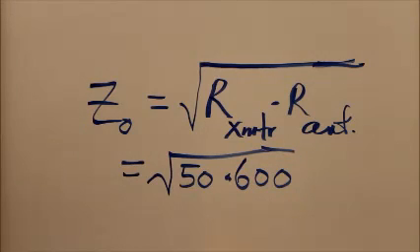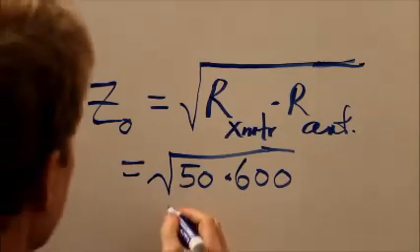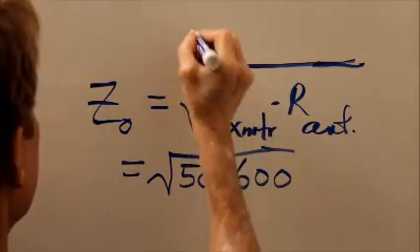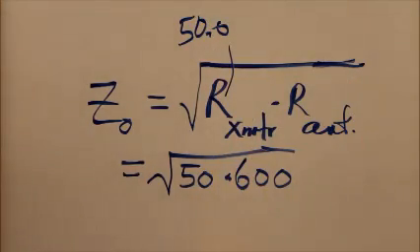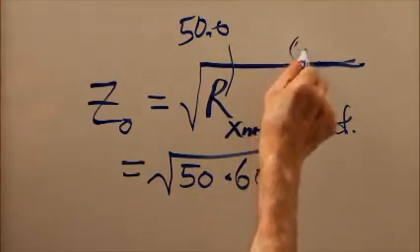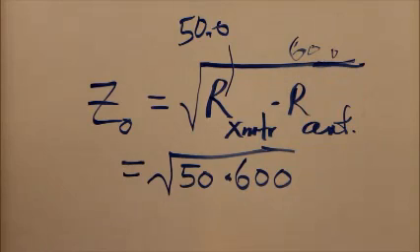And you take your handy-dandy calculator and work that out and round it off to 3 significant figures, because actually we were given the transmitter value here, 50.0. We were given that to 3 significant figures, and this to 3 significant figures as well. So we get the square root of 30,000 rounded off to 3 significant figures.